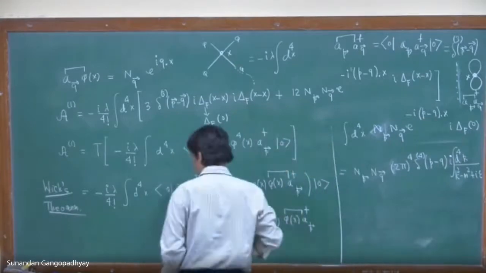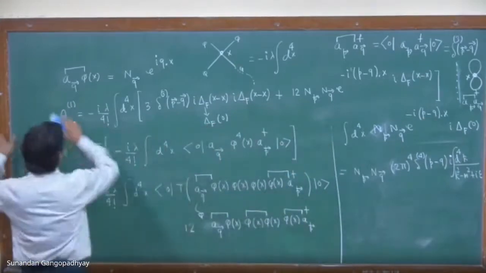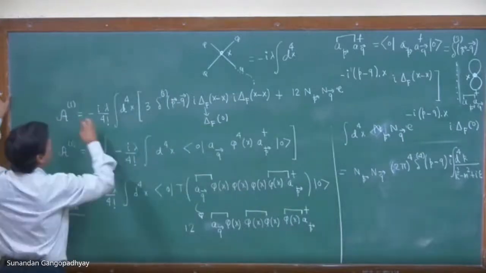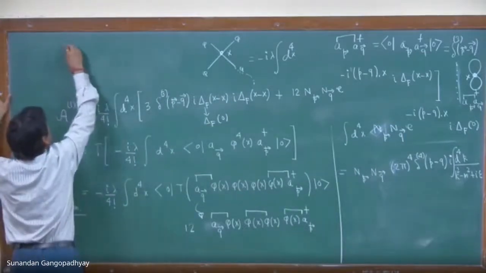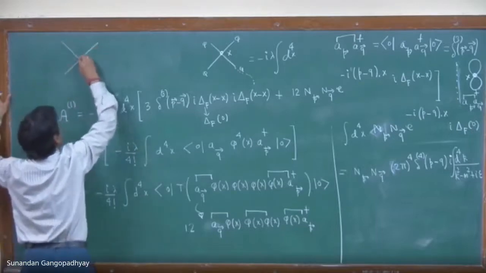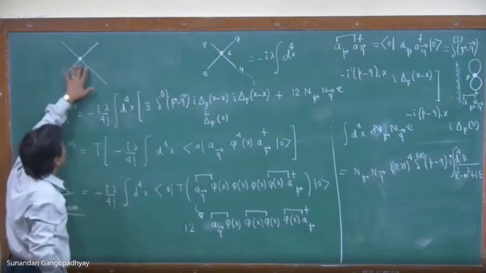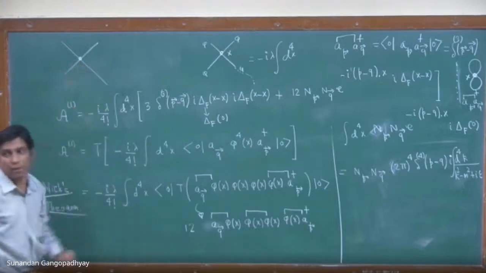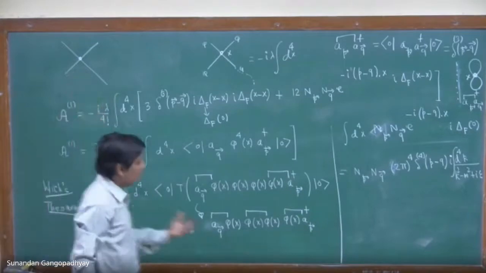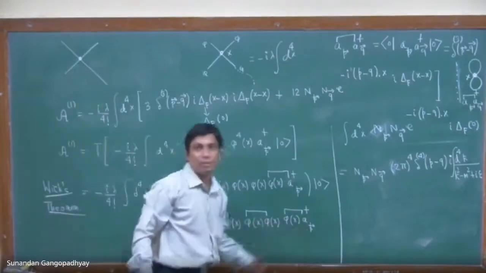So after this contraction, you get something like this. I've just elongated this tail here. This elongation of the tail actually denotes this contraction of phi with a dagger.